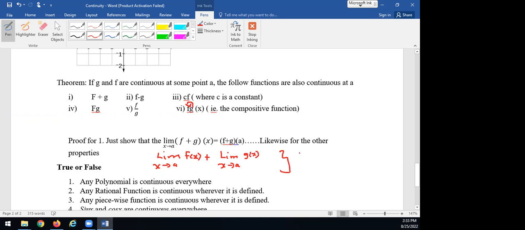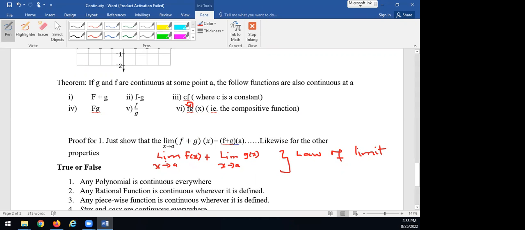And what I used here is the laws of limits. If you find the limit of the sum, it's the same as the sum of the individual limits. You can always split them or combine them to get the same result.